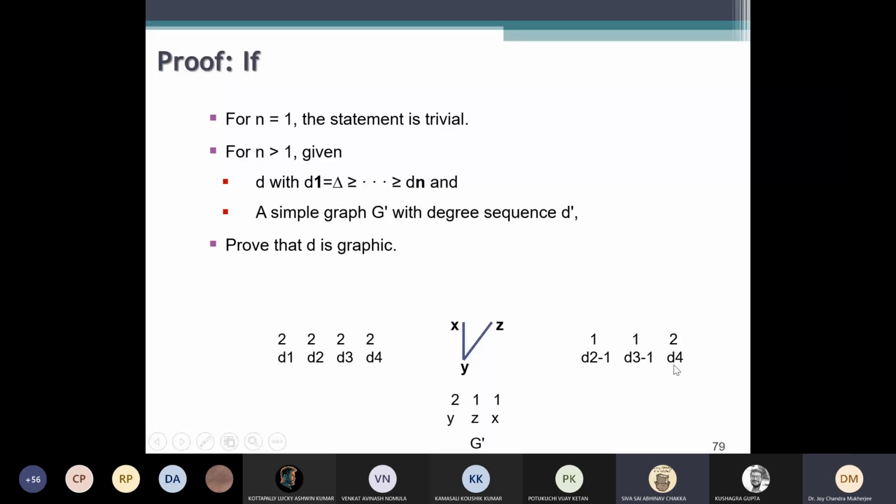Now they ask, this is also graphic. That means we need to create a simple graph corresponding to this D. So what should we do? Since a single vertex is deleted, I will create another vertex W here, and I make W adjacent to those vertices which have value D2 minus 1 and D3 minus 1.